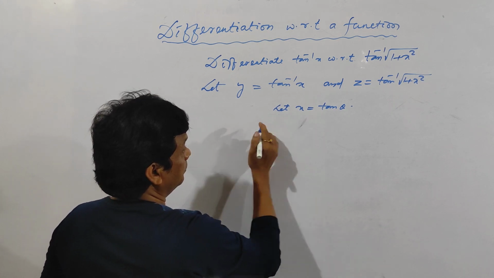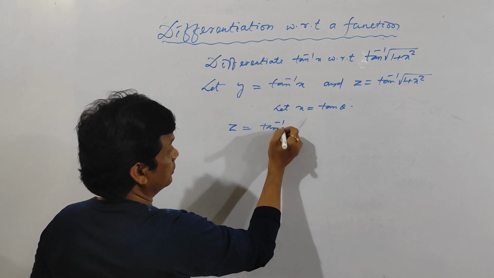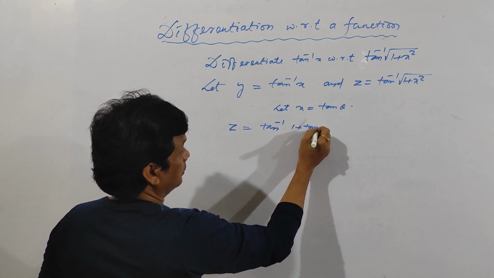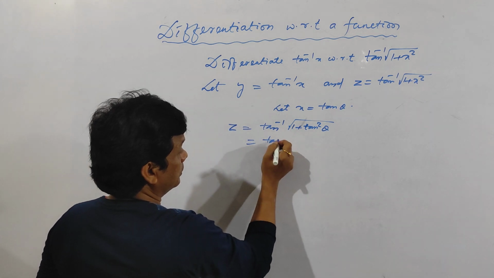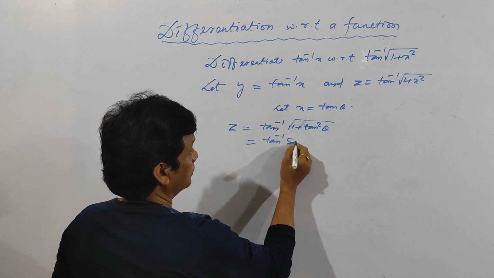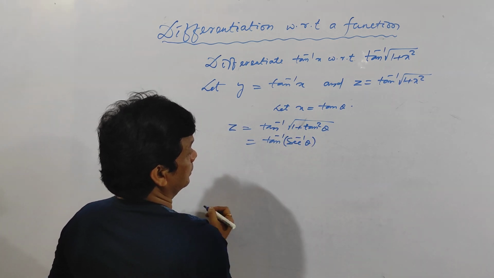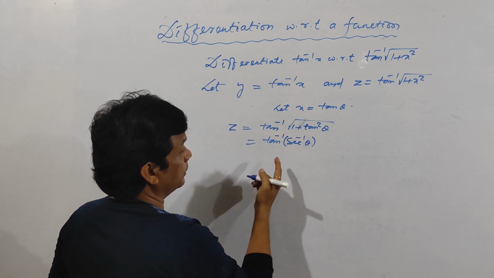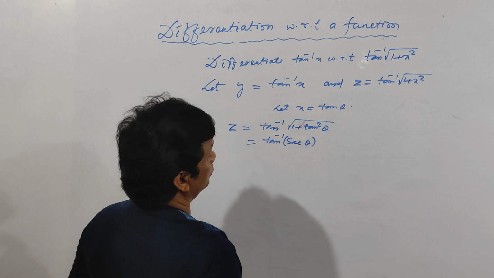So it will become z is equal to tan inverse root over 1 plus tan square theta. It is sec theta, so you have to convert sec theta to tan.